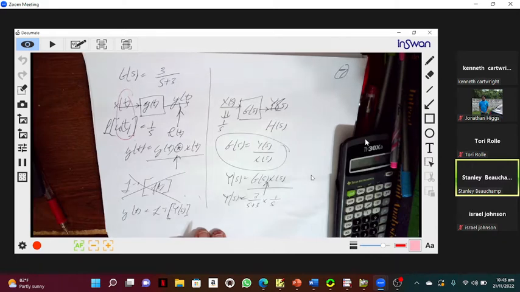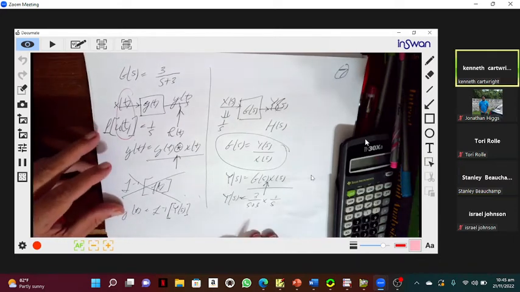We probably could use partial fraction expansion though. Oh, partial fraction expansion. Finally.